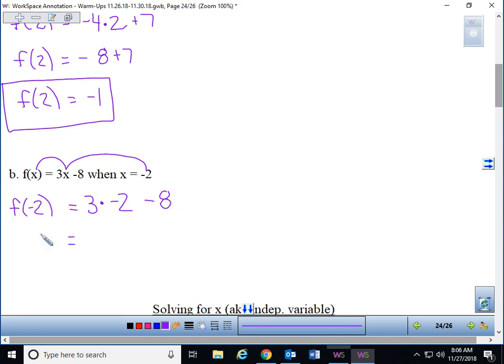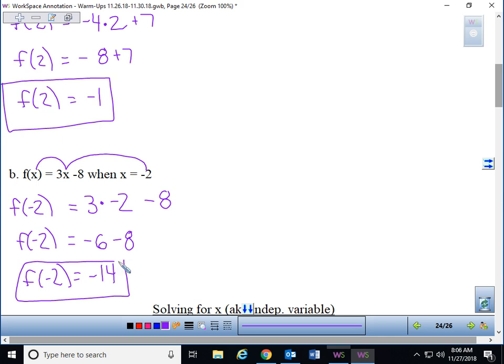Again, you should have been evaluating it like normal, so you'd have f of negative 2 equals a positive times a negative is a negative. 3 times 2 is 6, and we have 6 minus 8. Again, just doing some subtraction, f of negative 2 equals, now negative 6, take away more, is negative 14. That is your final answer.